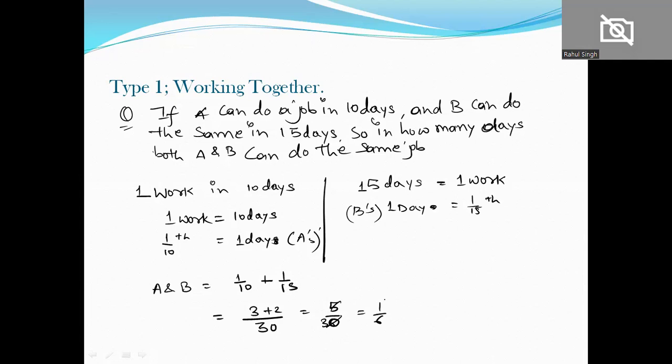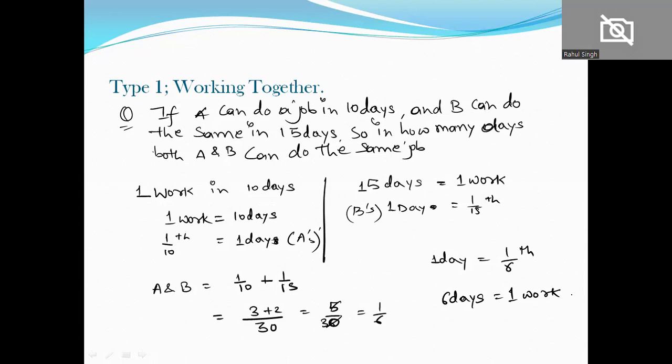So A and B will do 1/6 of the work in one day, and in 6 days they will do one work. This is what we call the unitary method.